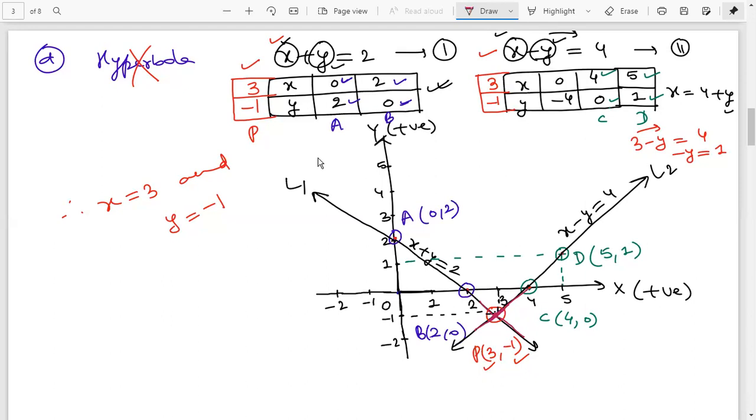Here 3 minus 1 is 2, and here 3 plus 1 is 4. So (3, -1) are such values of x and y by which both equations are satisfied. That's why we have (3, -1) as the solution point, or the solution value of these two equations.